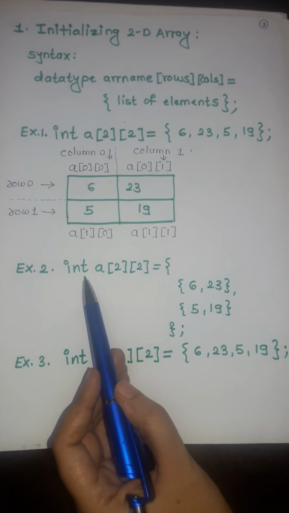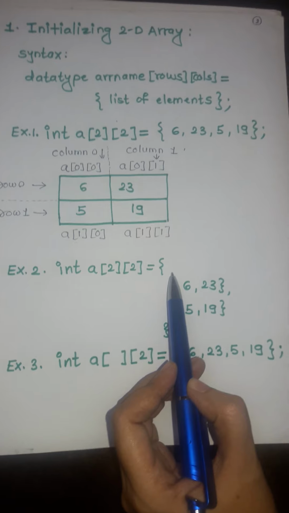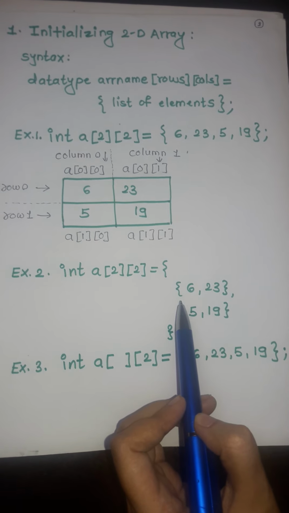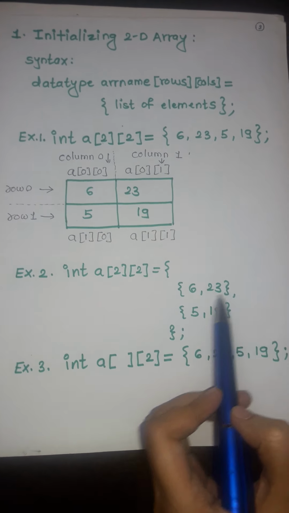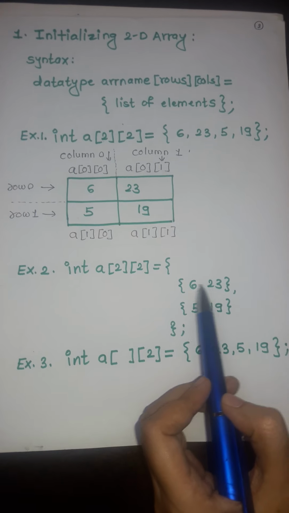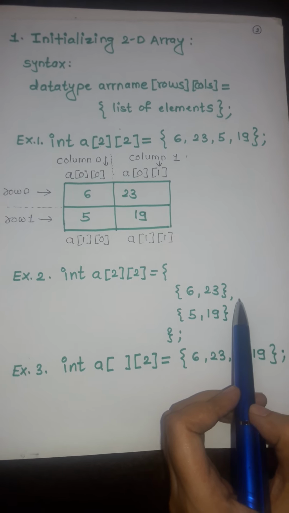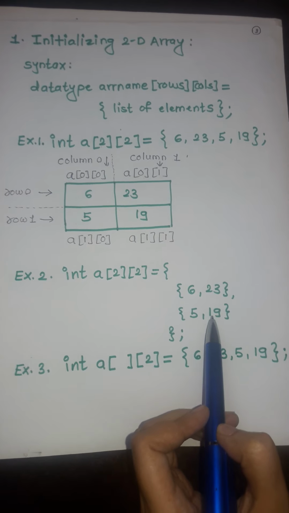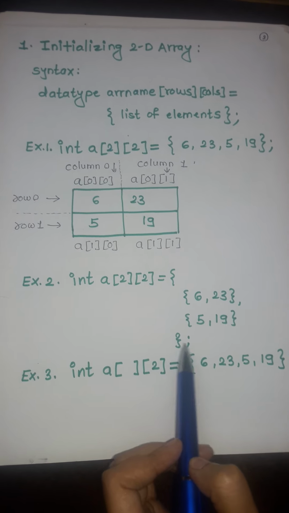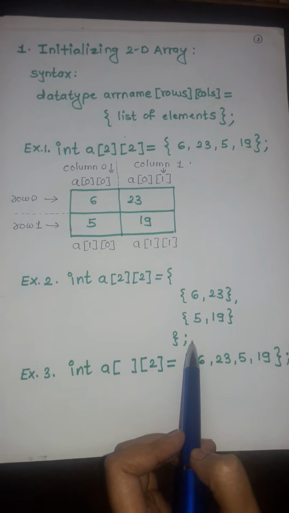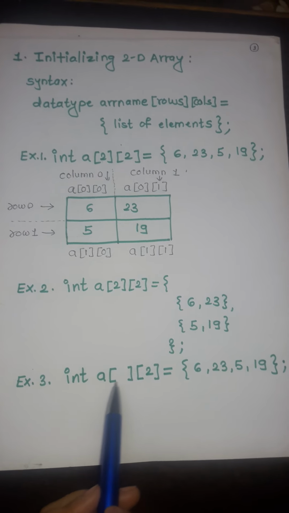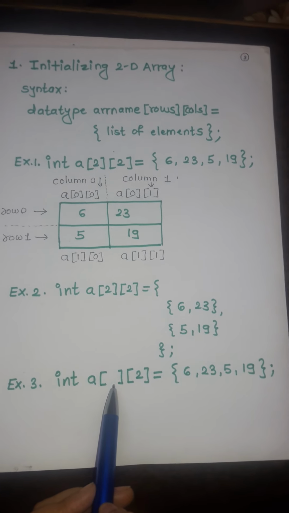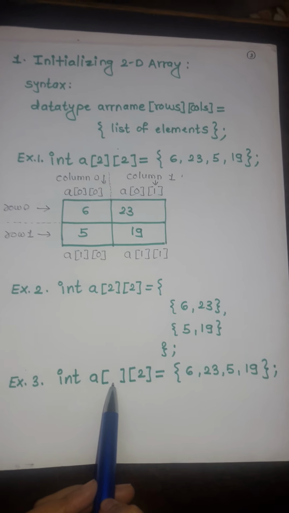Another example is integer a of 2 by 2 is equal to. Now here we are storing values in row format. First row 0 in one curly bracket, comma, and in a second curly bracket we have taken our second row, then closing curly bracket, and it ends with a semicolon. Third example is integer a of, now here we haven't specified any row subscript.